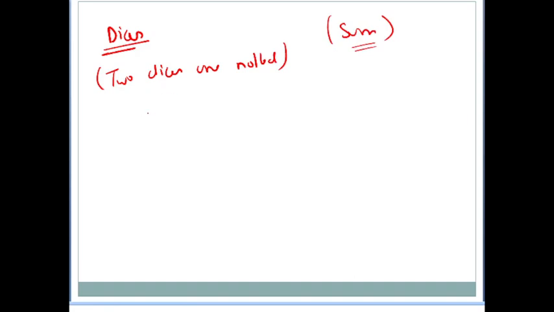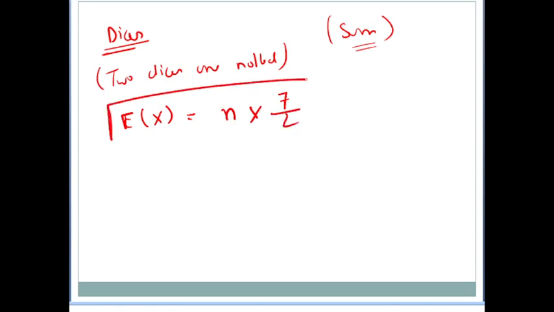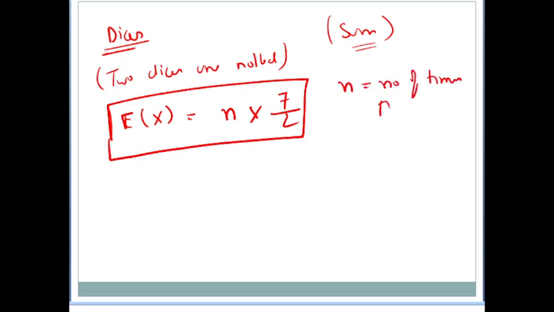Now what will happen is that the expected value or the mean in that particular case will be n into 7 by 2, where n is the number of times the dice is thrown, and the variance of x will be n into 35 divided by 12.